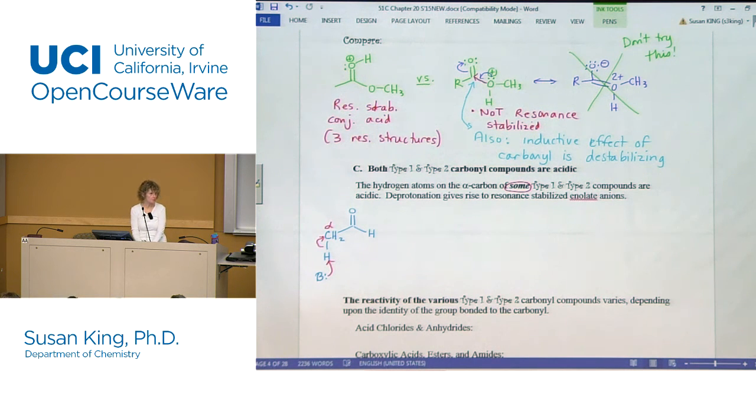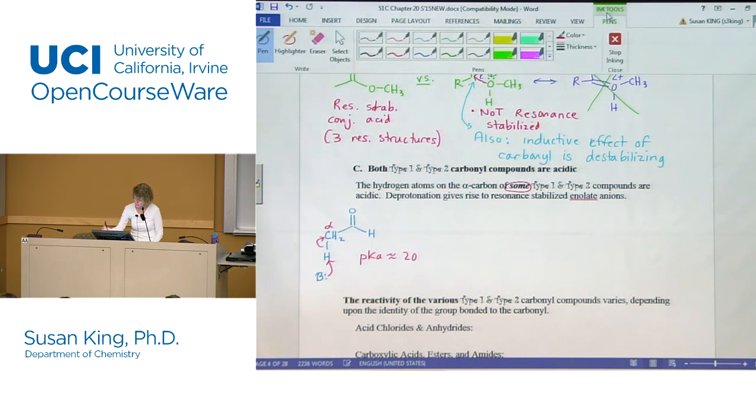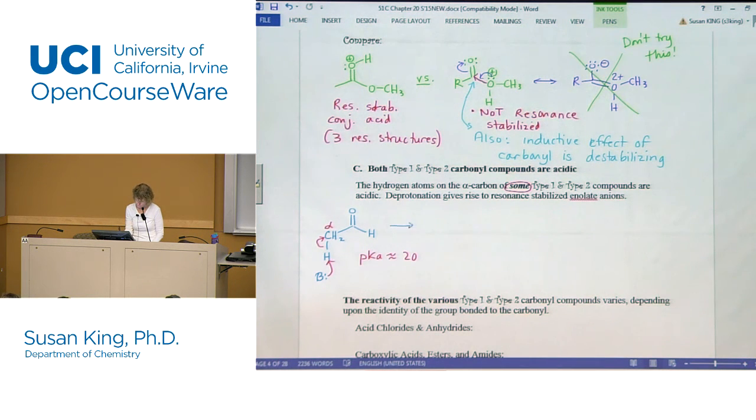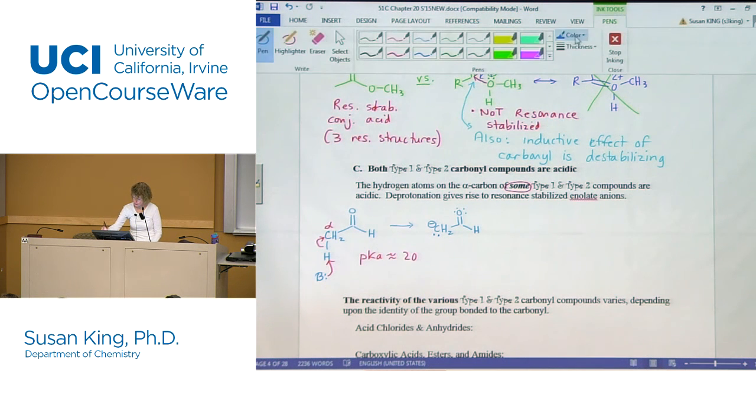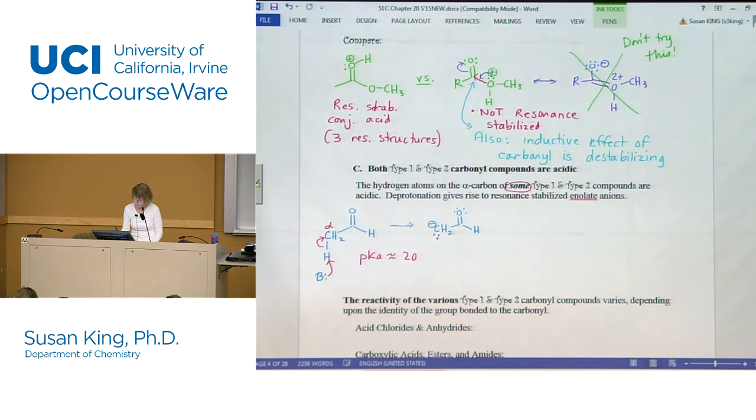We're not used to seeing hydrogens being removed from carbon too much, except with a terminal alkyne, so that might look a little unusual. This is not super acidic, but has a pKa of about 20. If we remove that acidic hydrogen, we form a resonance stabilized enolate ion. So now here we can delocalize electrons onto oxygen.